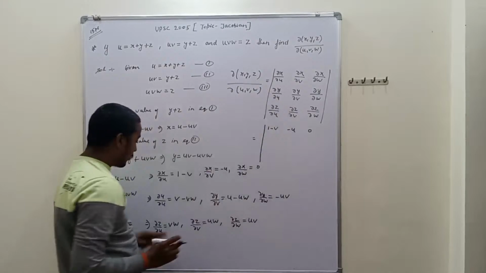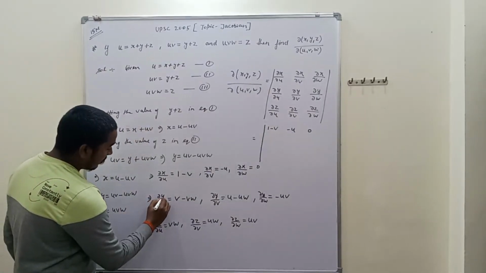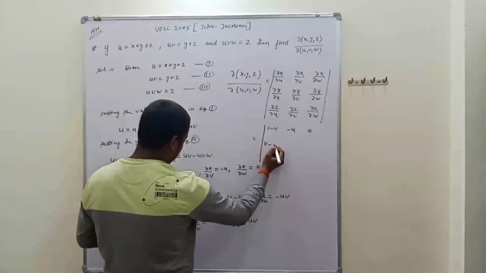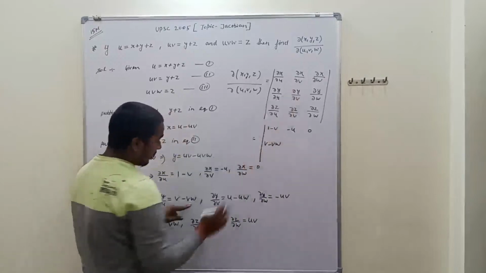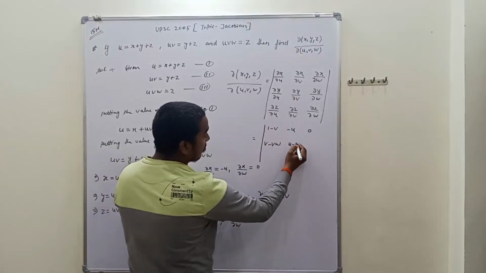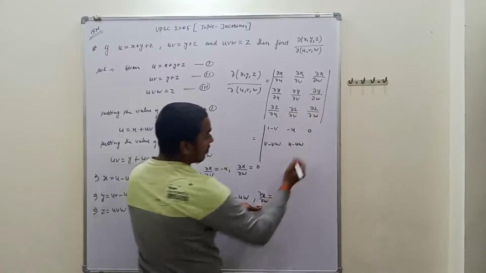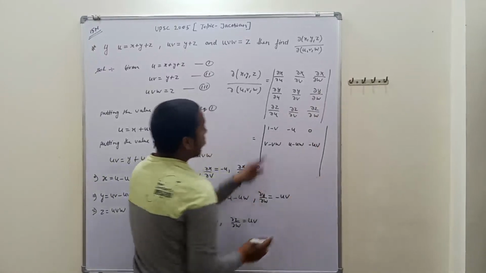Del y upon del u is v minus vw, del y upon del v is u minus uw, and del y upon del w is minus uv.